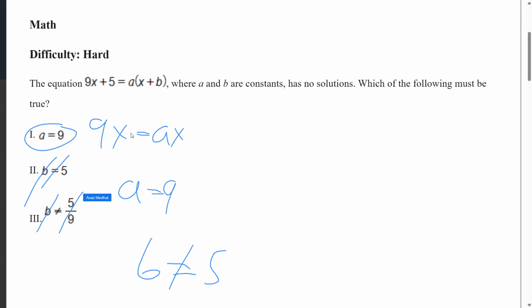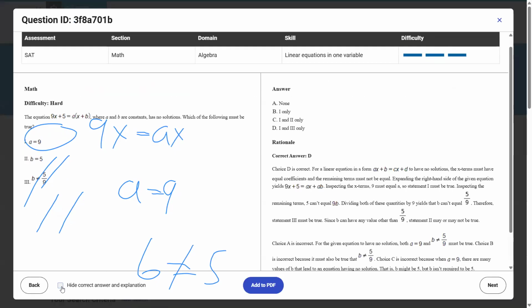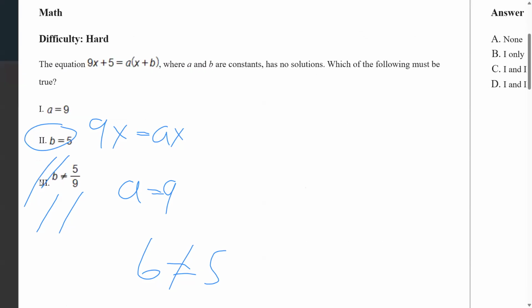No, it will not matter for this. So what we know is true is the first one. So only B. We did it wrong. B is not equal to 5 over 9.